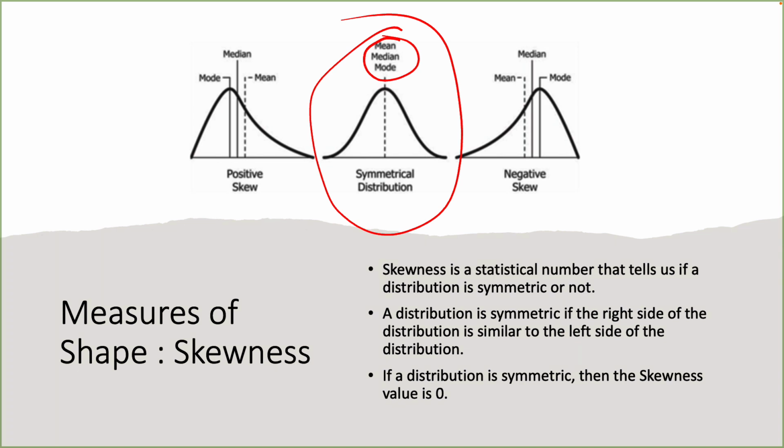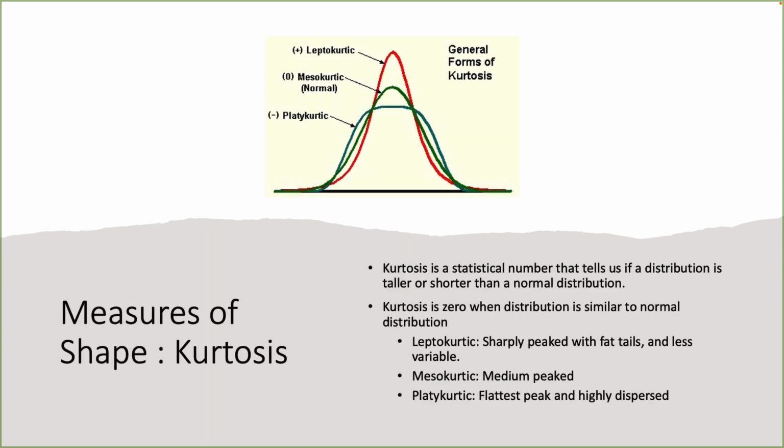Now that you have understood the working of skewness, let's take a look at another characteristic value, that is kurtosis. Kurtosis is a statistical number which tells us whether the distribution is taller or shorter than a normal distribution.